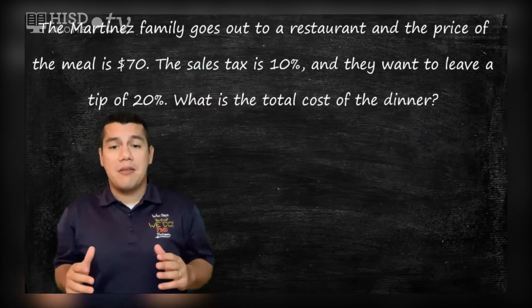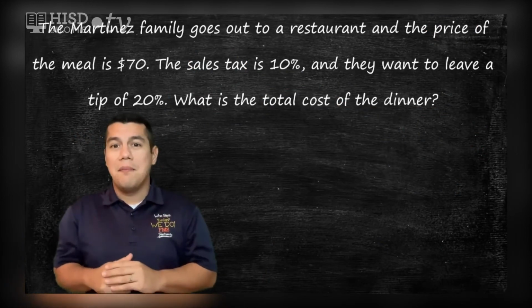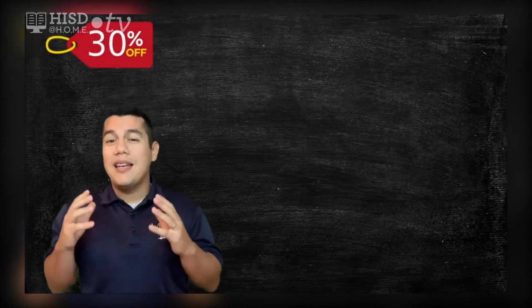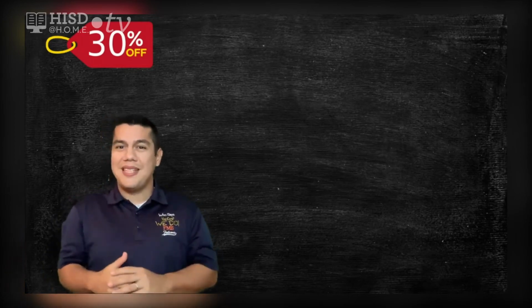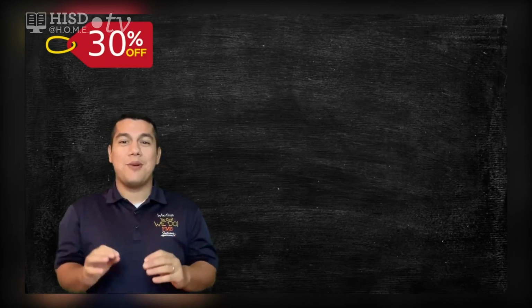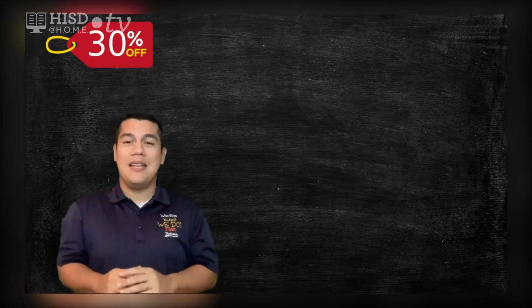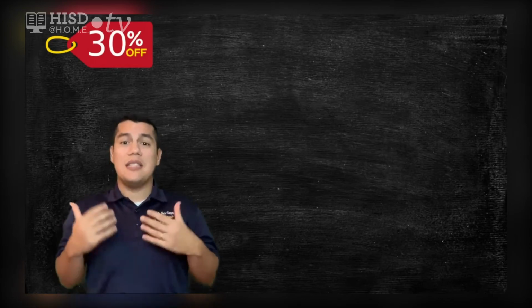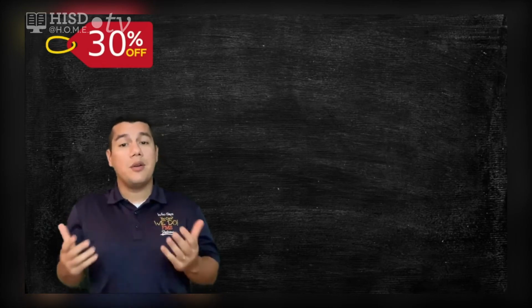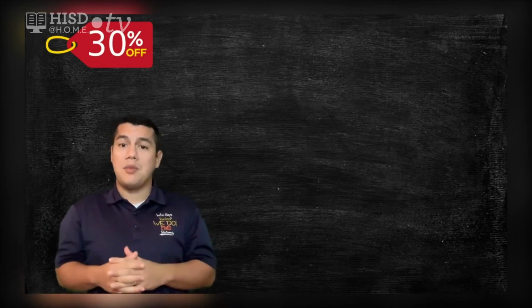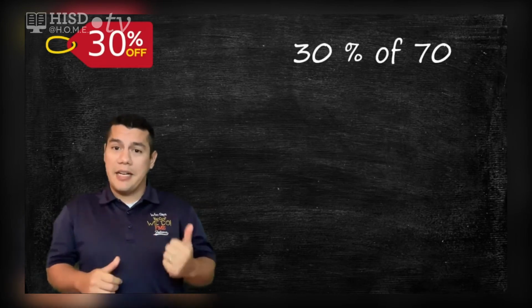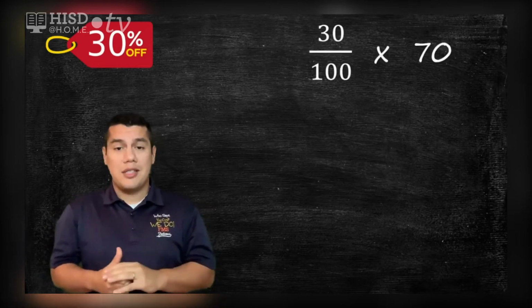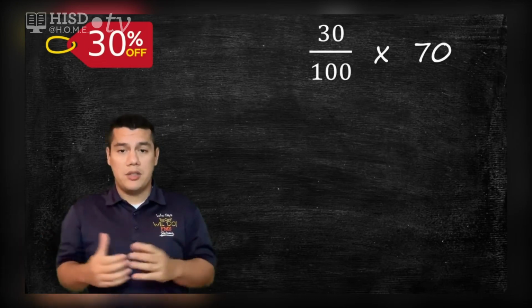And now we're going to have the same problem, but we now have the Martinez family getting out a coupon. And they have a coupon for 30% off the price of the dinner. So now, in order for us to be able to solve this, I'm just going to write 30 over 100 times the $70 that the meal costs.